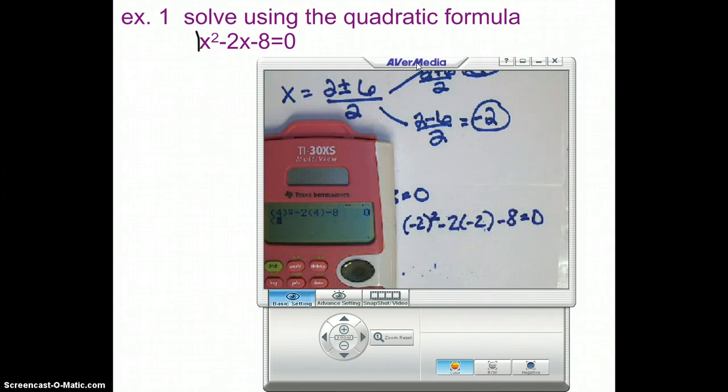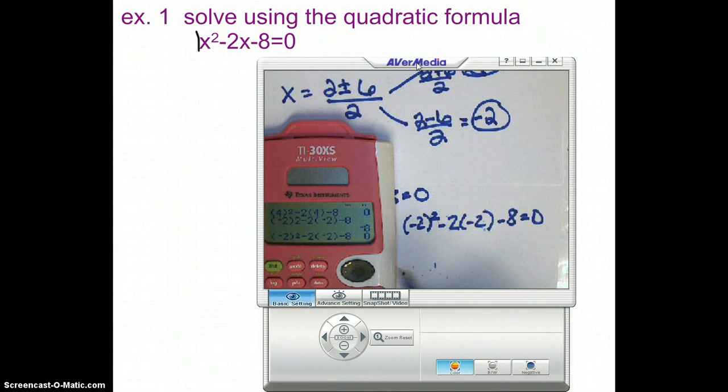So parentheses negative 2 squared minus 2 parentheses negative 2 minus 8. Oh wait, might have to square it there. Sorry. I hit my 2 and thought it went up. Minus 2 parentheses negative 2 minus 8. There we go. So you can see how you end up with a 0 there.